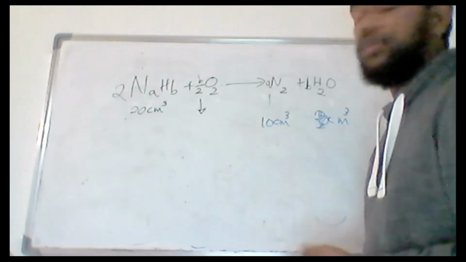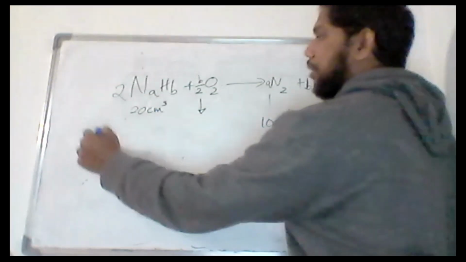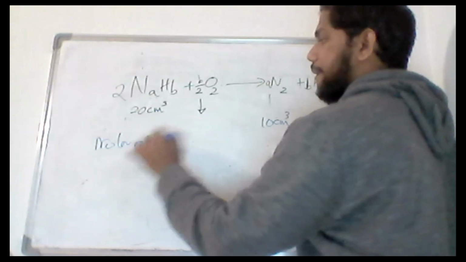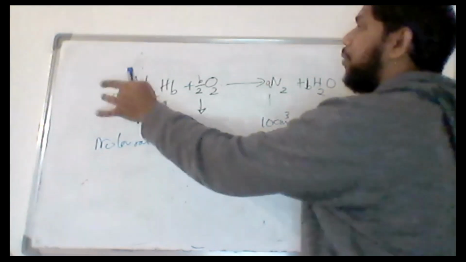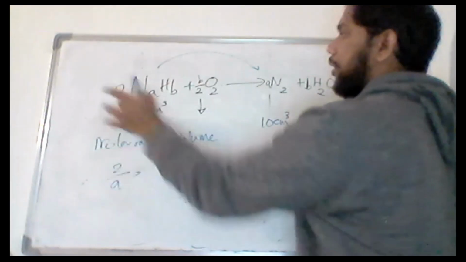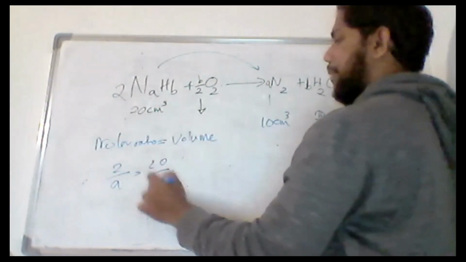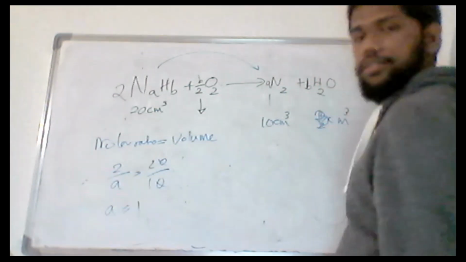So molar ratio equals volume ratio. What is the molar ratio between these two? 2 is to A will be equal to 20 is to 10. So A is equal to 1.